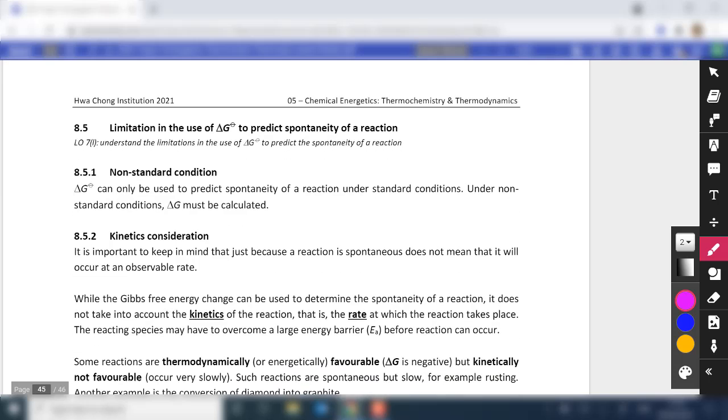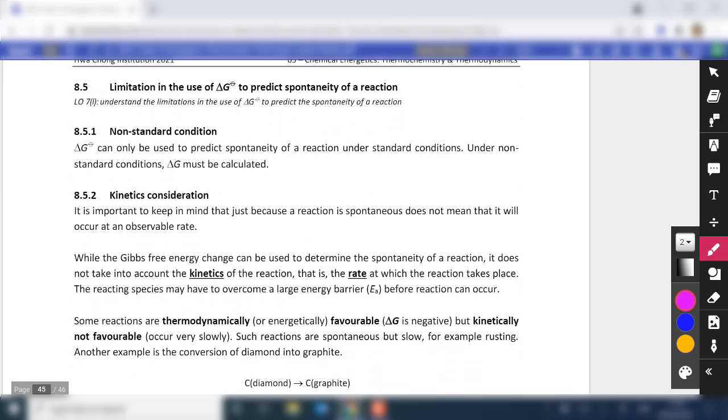And of course, the final part is the limitation of using delta G to predict the spontaneity of a reaction. So what's the limitation? I think number one, under non-standard condition, sometimes you don't know how delta H and delta S will change. So when that comes into the picture, you must actually calculate the delta G at the non-standard condition.